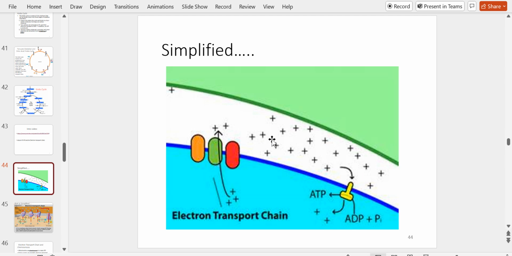Then the body makes ATP. There are so many of them on this side that they start filtering through an enzyme, and in the process an ATP is made. That's how it goes. We're pumping those hydrogens out, siphoning the energy off of them, and making ATP.